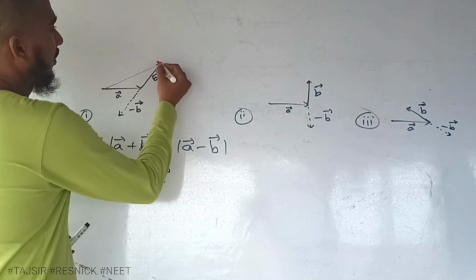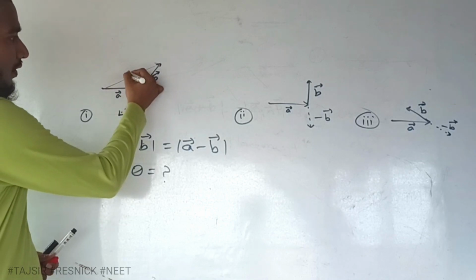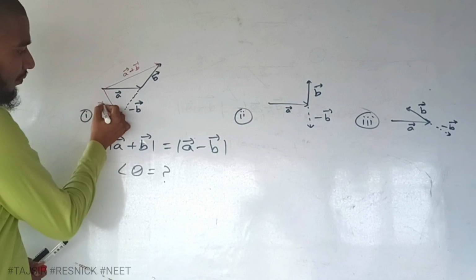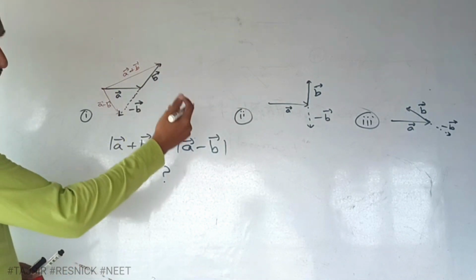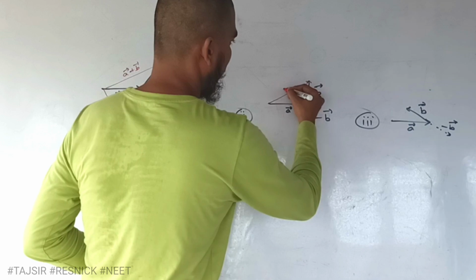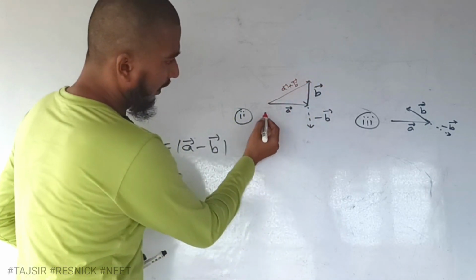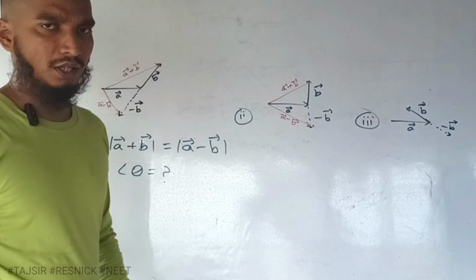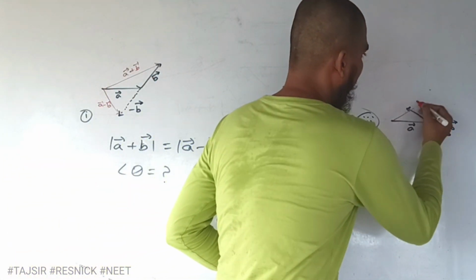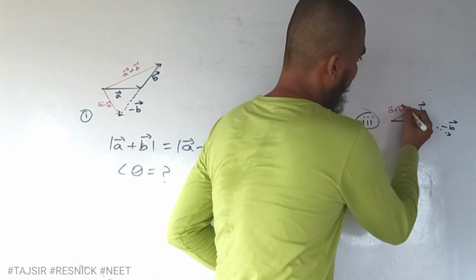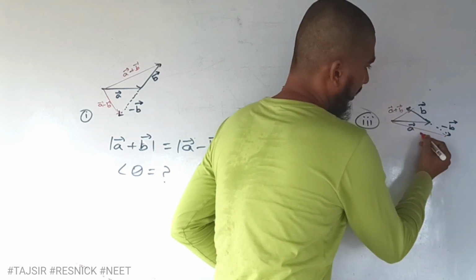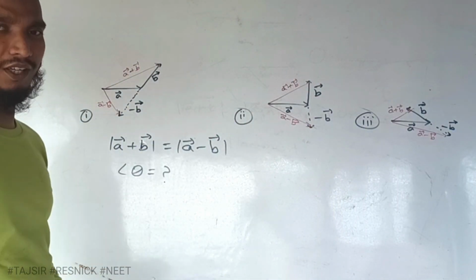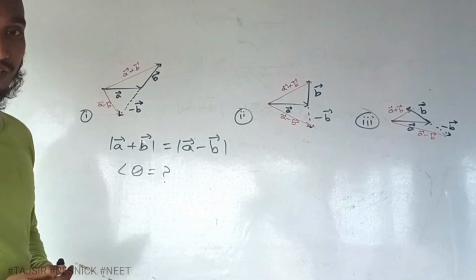And we have this as A plus B, and this vector A minus B. Similarly, this vector is A plus B, and this vector is A minus B. And what about this? We have A plus B and A minus B.